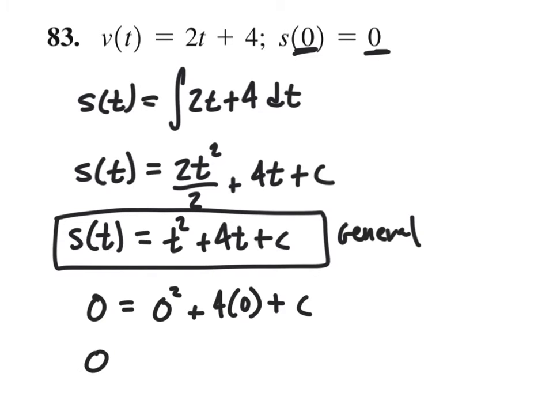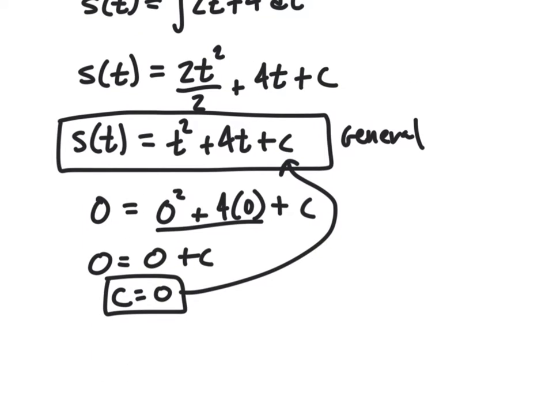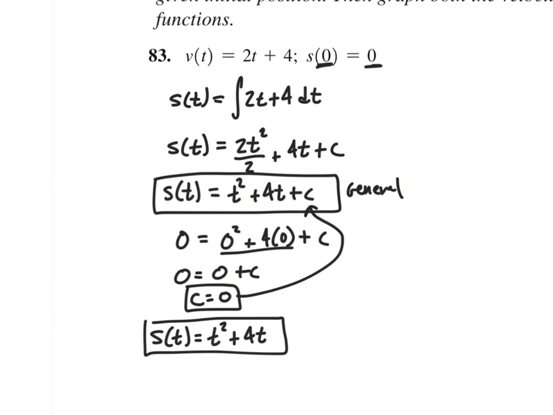All of this stuff is 0 plus c, so I know that c is just equal to 0. So I'm going to plug 0 in for c, which is kind of nice. My position function, s of t, is equal to t squared plus 4t plus 0, and that's it. So that's my position function given a velocity function.